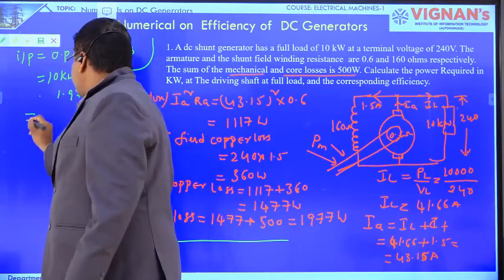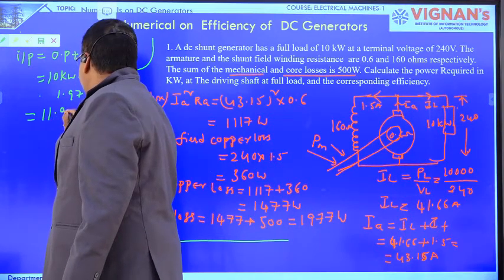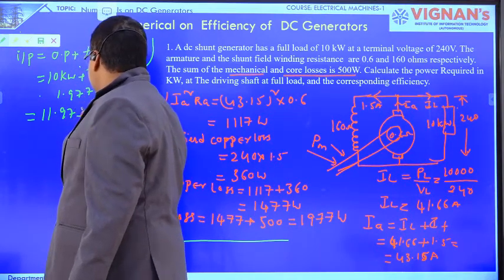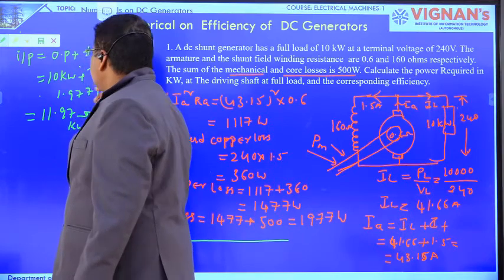You get the value as 11.97 kilowatt. This is the input power.